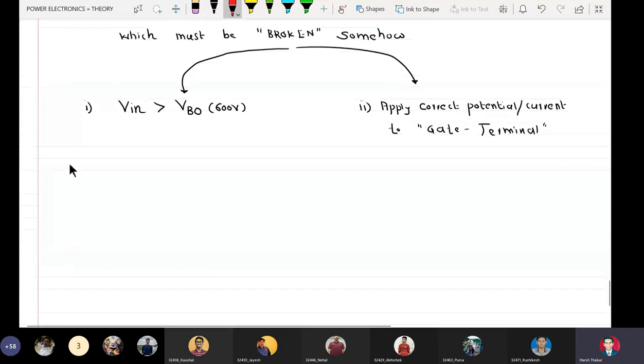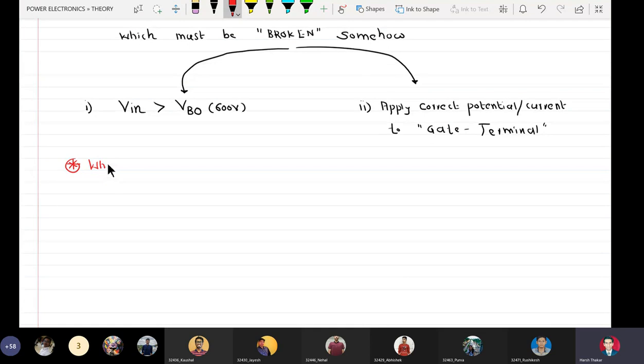The question is, which one of the above two solutions is feasible, or we can say possible?